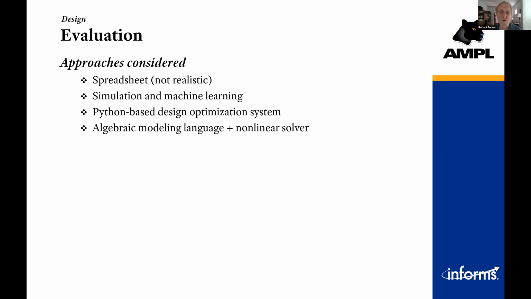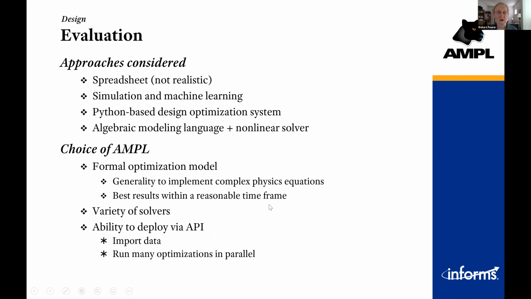But they eventually turned to an algebraic modeling language because they needed the power and generality to specify exactly the requirements of their designs. They chose it because it let them write a formal optimization model and implement complex equations.